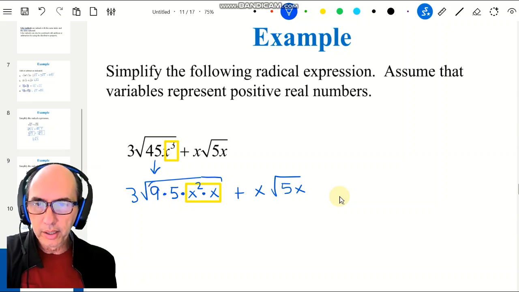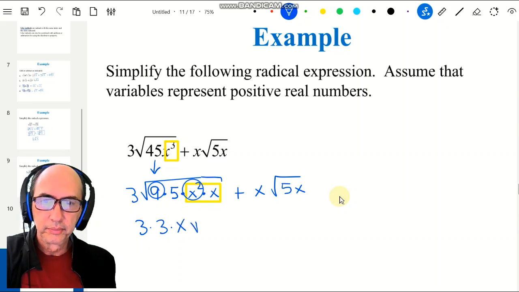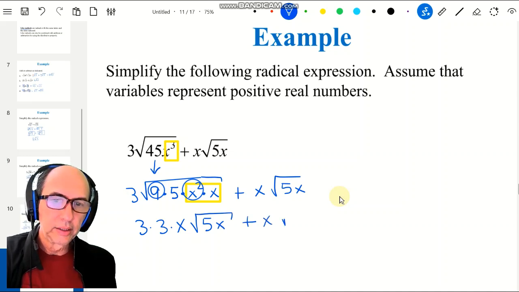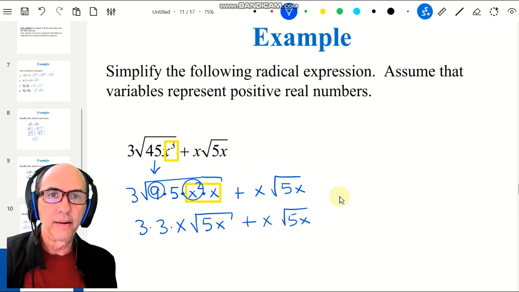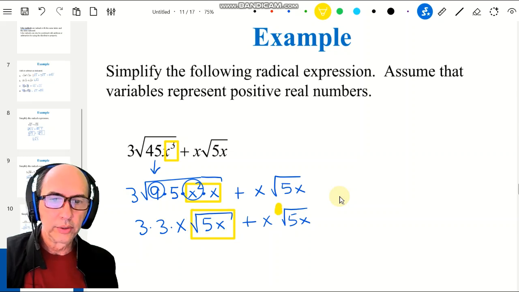Because now we can find the square root of 9 is 3. And we can find the square root of x squared is x. Square root of 5x plus x square root of 5x. Now we have the like radicals. The like radical is the square root of 5x, right?